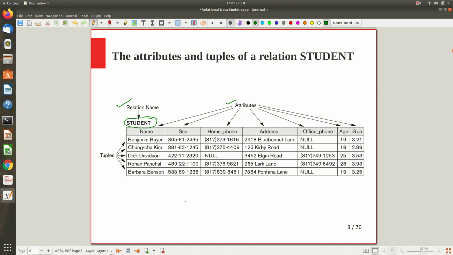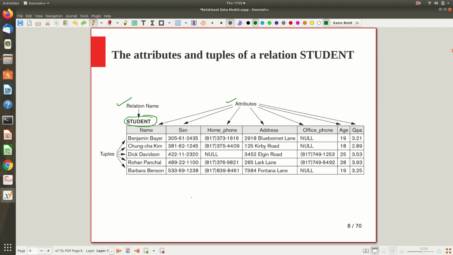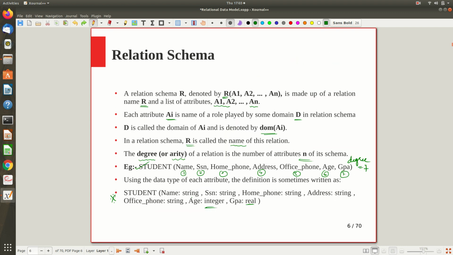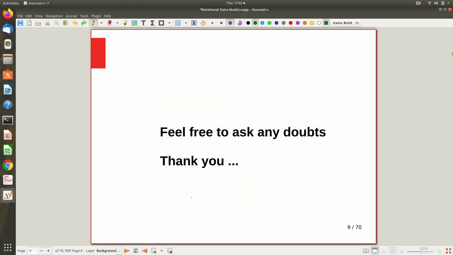That much detail is not needed. You understood what a tuple is, what a relation name is, what a column header or attribute is, its values, everything, and what a domain is. These are some very basic things from this relational model, and we will see more into it, its formal definition, of course, in the next video lecture.